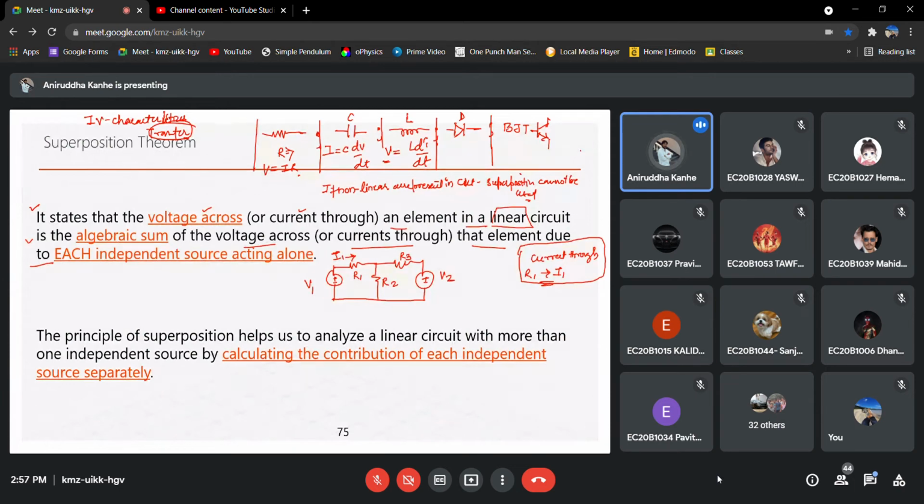So how many independent sources are there? Here in this case, 2 independent sources are there.